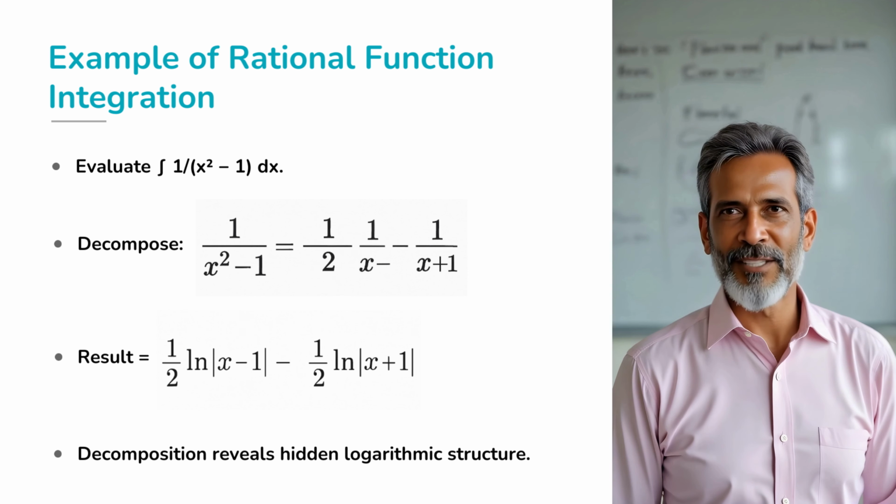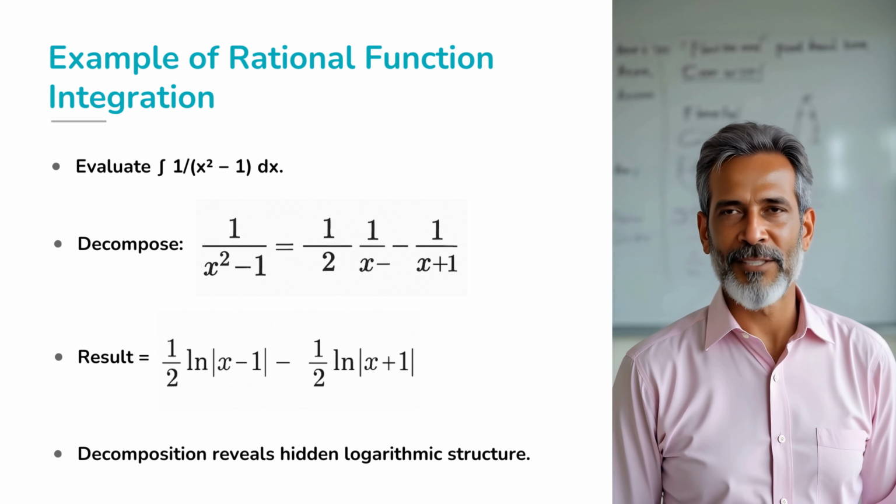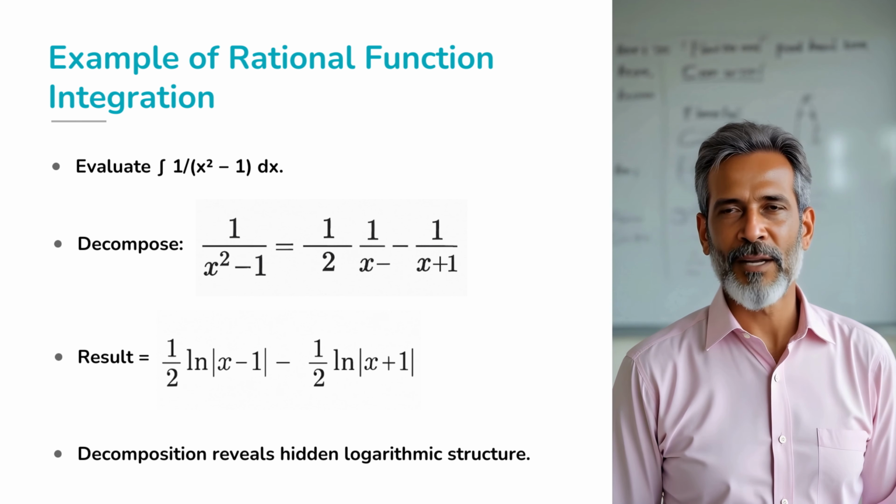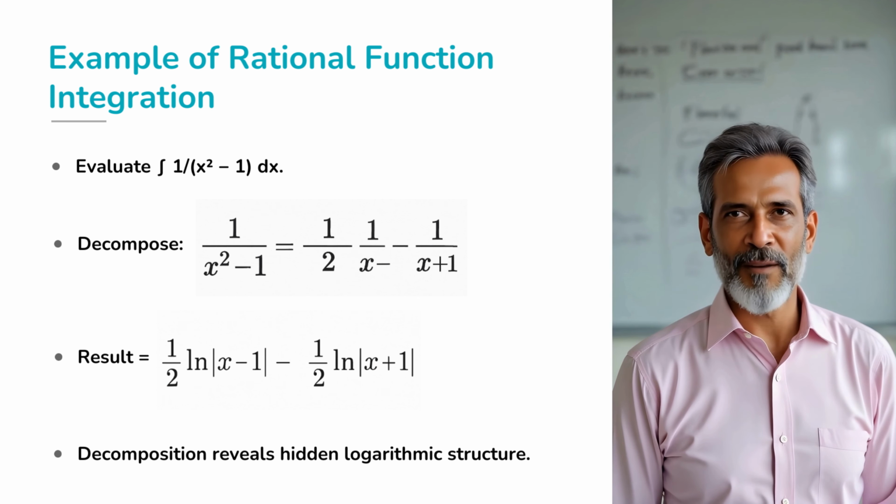Let's work through that example step by step. We start with 1 over x squared minus 1 dx. Step 1. Write 1 over x squared minus 1 as 1/2 into 1 over x minus 1 minus 1 over x plus 1. Step 2.